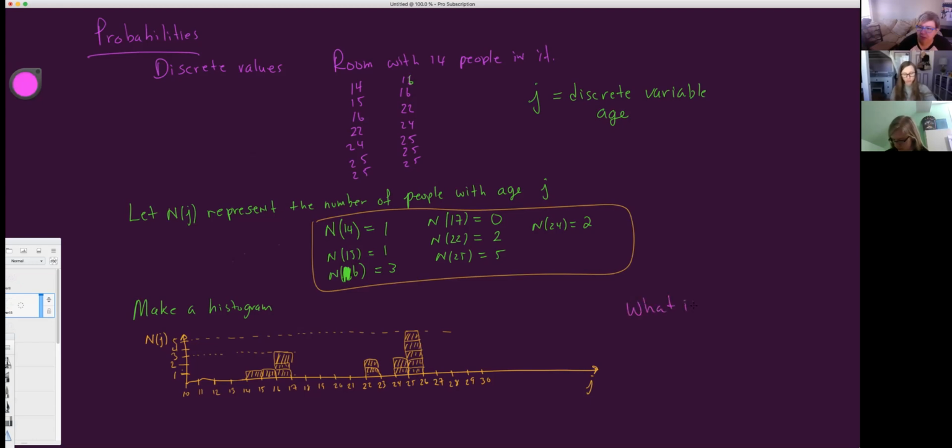What is the probability that a random person in our room, so we pick one of them, what do we do? If you had just the histogram, what would you do? What's the probability?